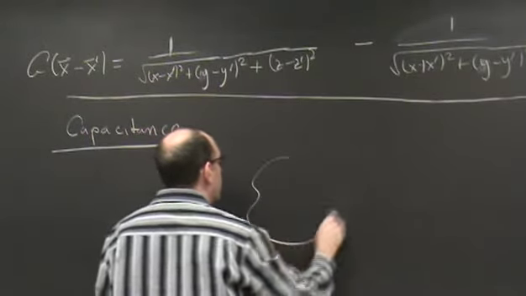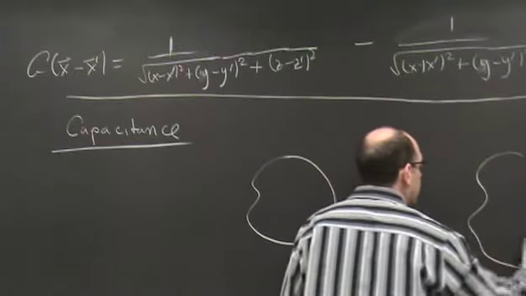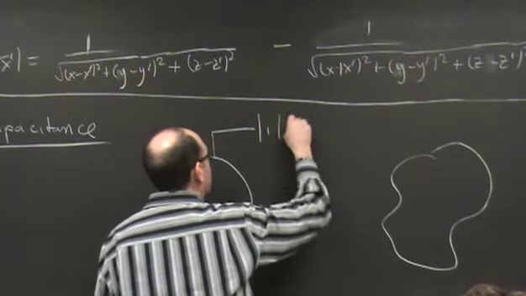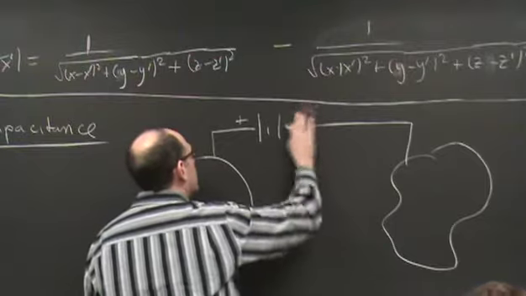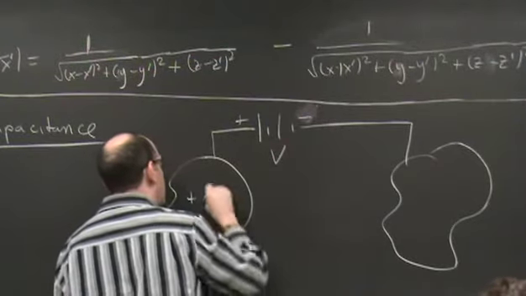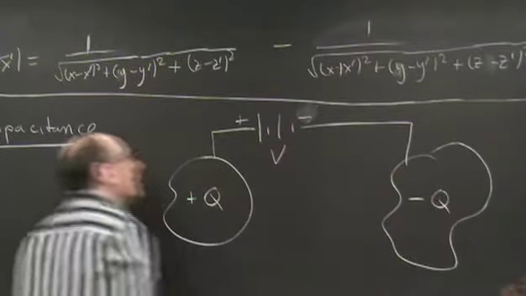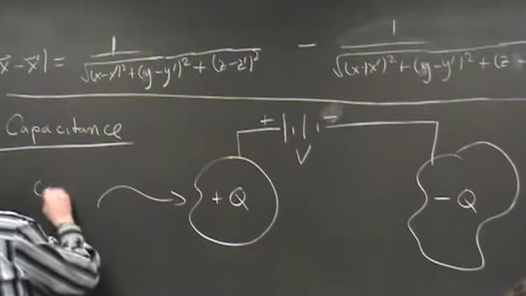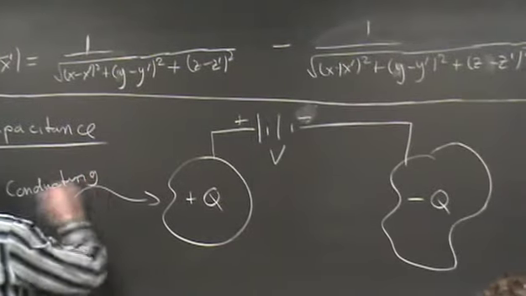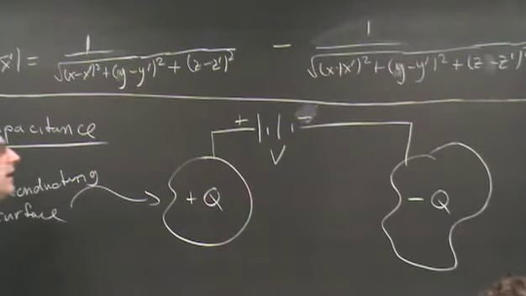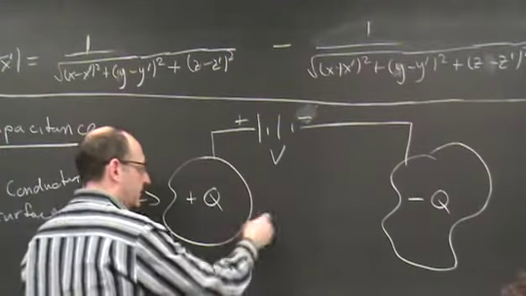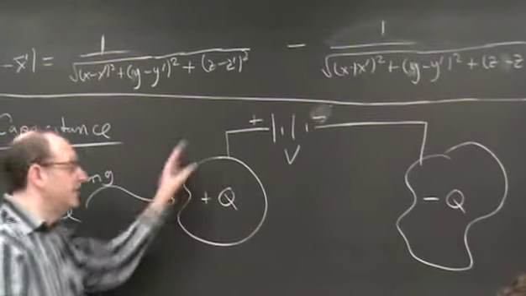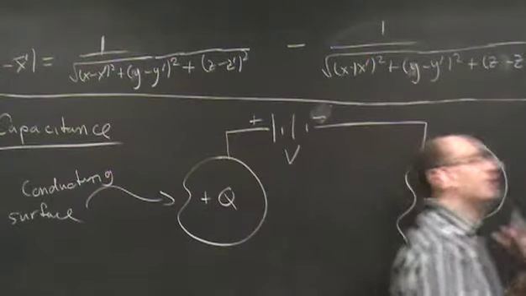If I have some conducting surface, maybe I have another conducting surface somewhere, and I put a battery with a potential difference between them, then what we know is that charge will build up on each of these conducting surfaces, in order such that the potential difference between these two conducting surfaces is V, each one being an equipotential surface, because that's what we said. The surface of a conductor is an equipotential surface in electrostatics.